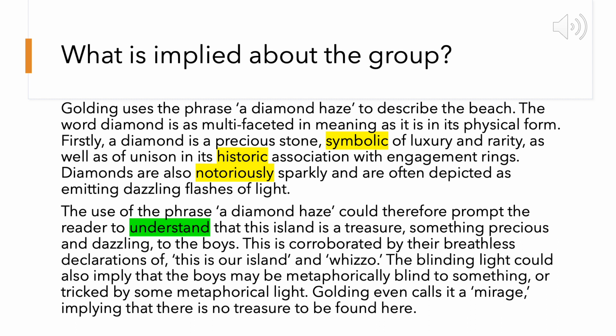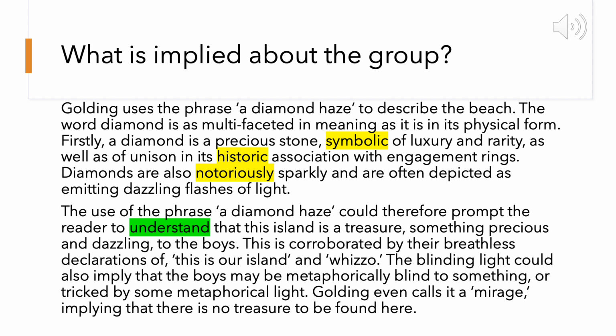This is corroborated, that means supported by, their breathless declarations of, this is our island, and whizzo. The blinding light could also imply that the boys may be metaphorically blind to something, or tricked by some metaphorical light. Golding even calls it a mirage, implying that there is no treasure to be found here.